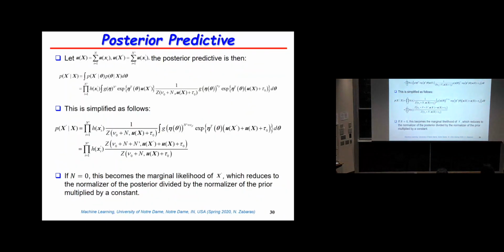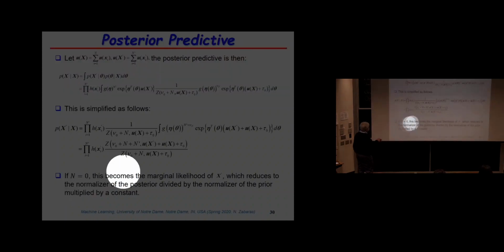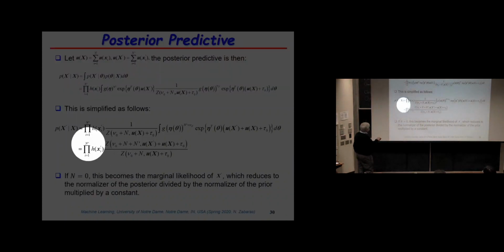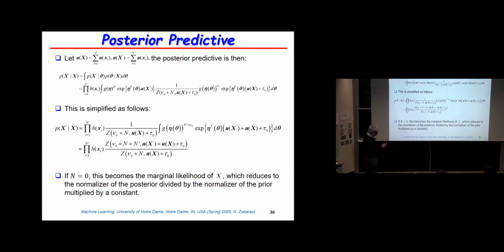So you did not have any data before, and so you compute only the posterior, and if you use the normalization factors from there, for n equal to 0, this will give you the marginal likelihood of x prime. This is very nice, right? You can actually compute the marginal likelihood directly in terms of normalization factors. You can compute the predictive distribution directly.